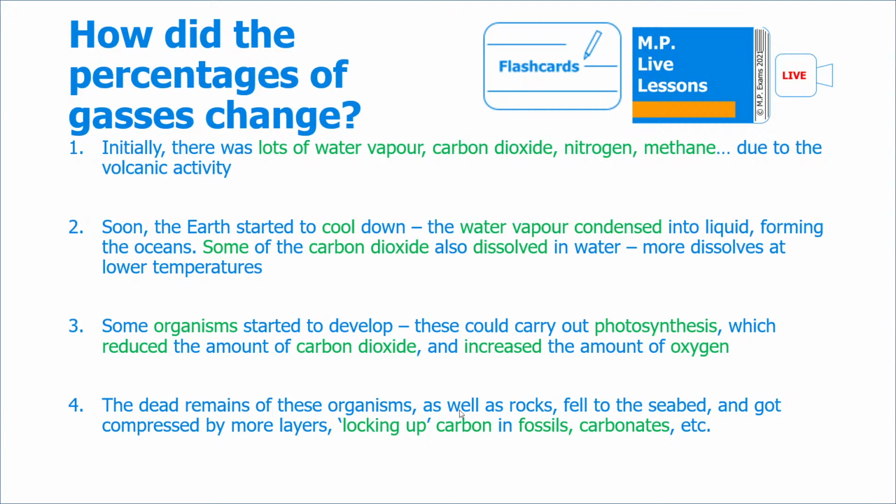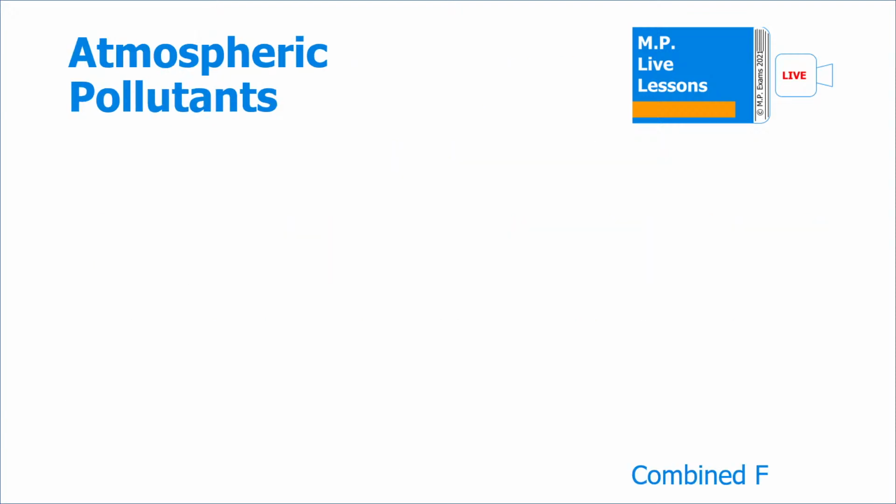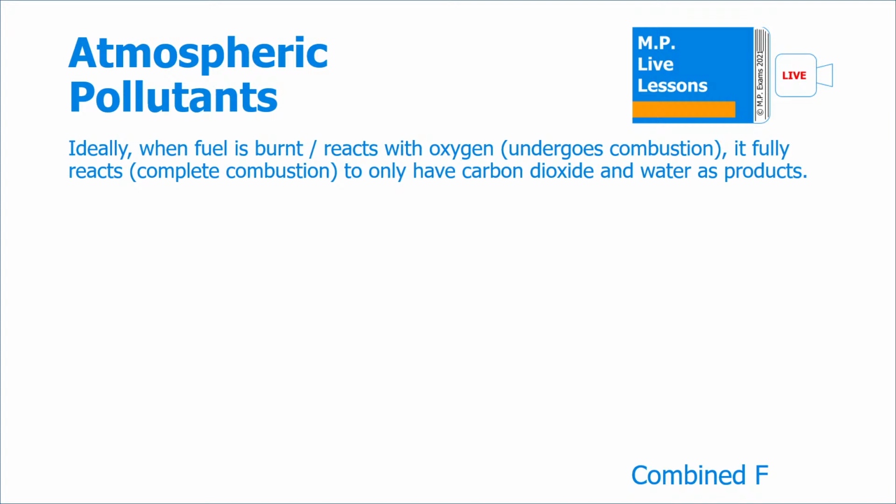Now, we need to look at atmospheric pollutants, as in these are issues today with the atmosphere. As you should know, when fuel is burnt or reacts with oxygen, it undergoes combustion, and it usually gives out carbon dioxide and water as its products if there's enough oxygen.